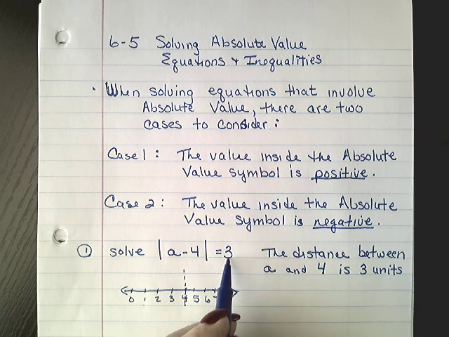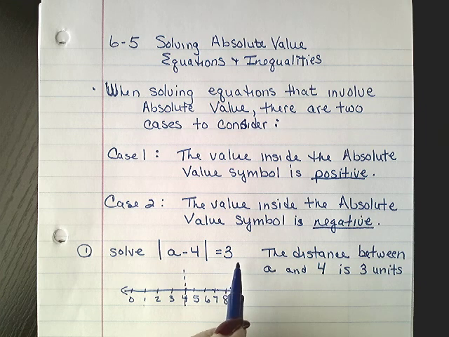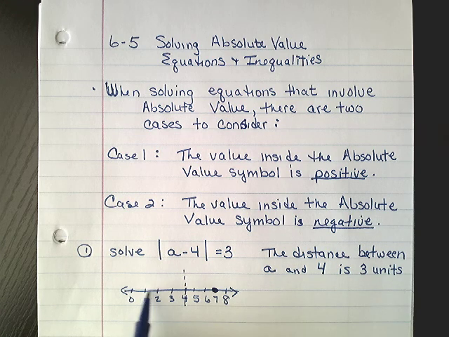And we know that 3 units is the distance. So 3 units to the right would bring you up to 7, and 3 units to the left would bring you to 1. So therefore the solution set here is 1, 7. So 1, 7 would be the solution set.